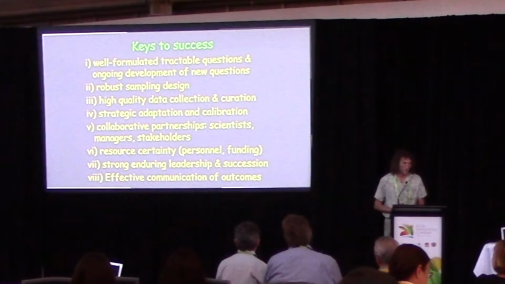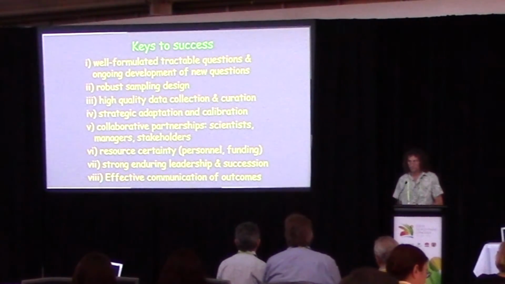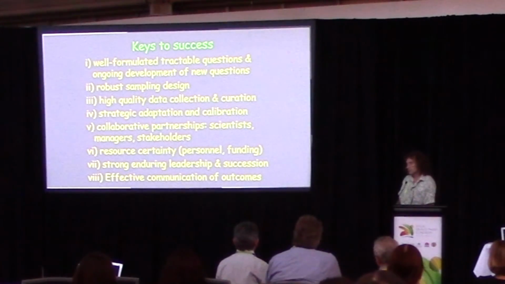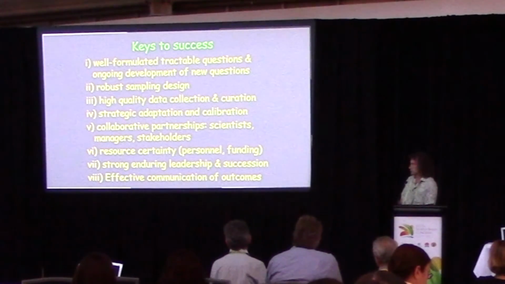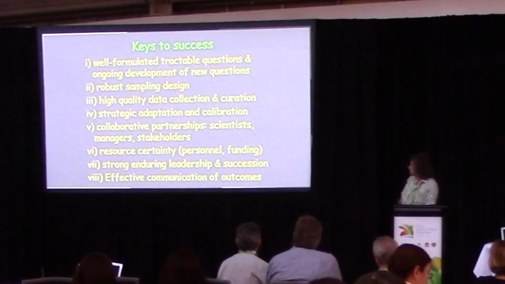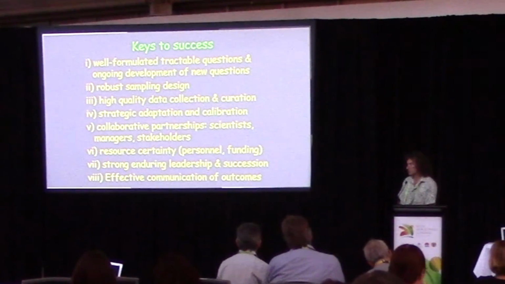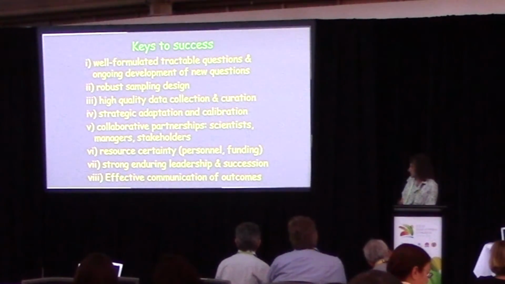So, what are the keys to success for this kind of adaptive monitoring? Well, it starts with a well-formulated, tractable set of questions and ongoing development of new questions. And that sets it apart from other more generic monitoring approaches, I think, which aim to develop broad-scale general variables that are widely applicable across landscapes.